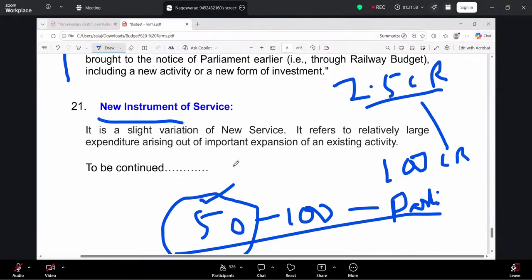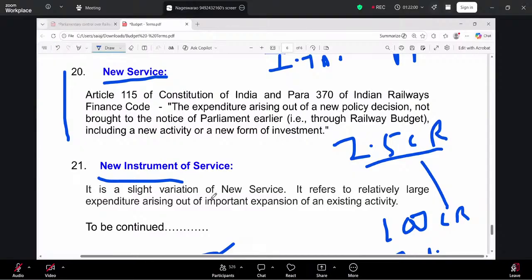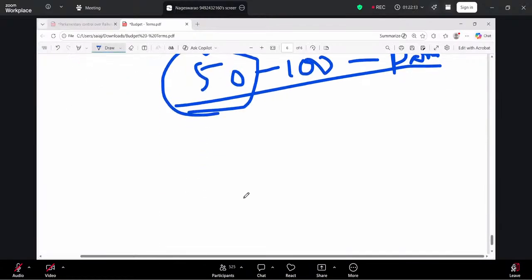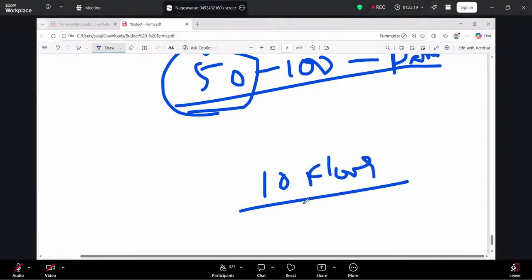So what is new service and new instrument of service? It is a slight variation, because it is an already existing activity but with a relatively large expansion. That means sanction is already there for a 10-floor building in the budget, 100 crores or 1000 crores, just imagine.